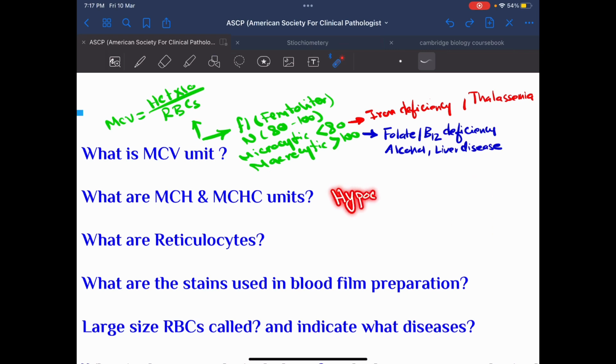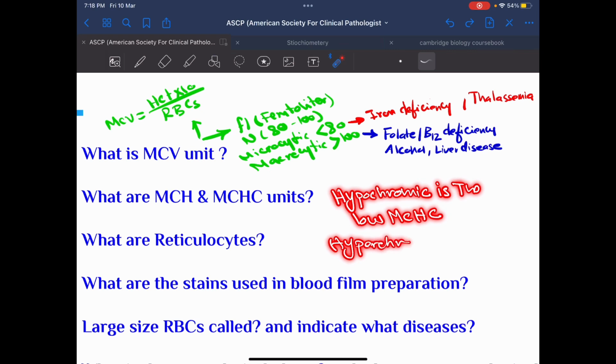Hypochromic is the low MCHC. Hyperchromic is the high MCHC.